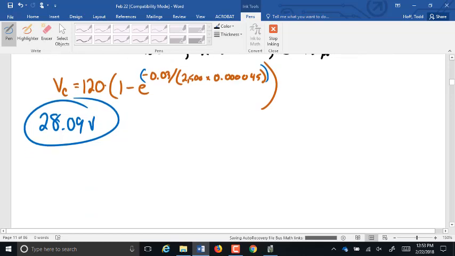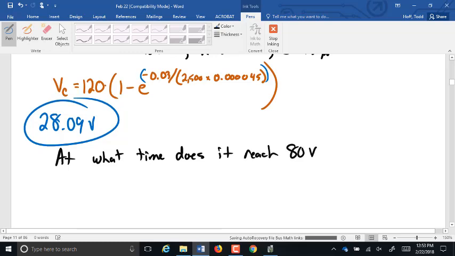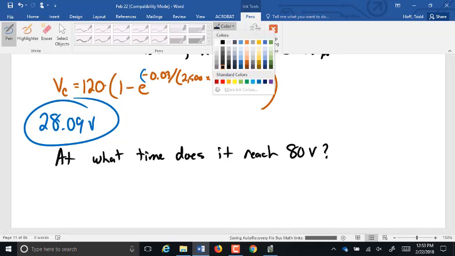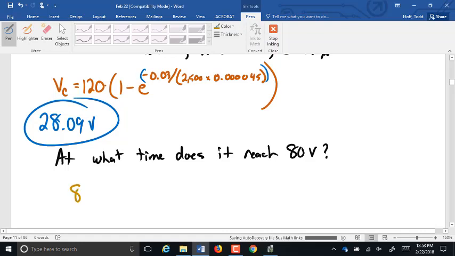Here's a little bit more difficult question. At what time does it reach 80 volts? So it's the same question, only now we're putting 80 in for the voltage.